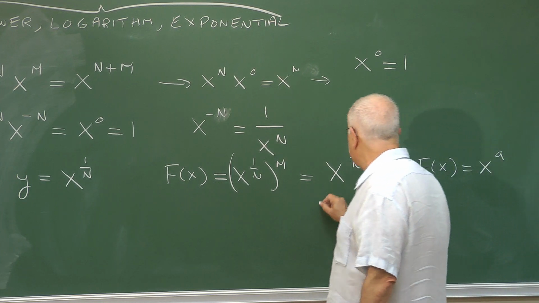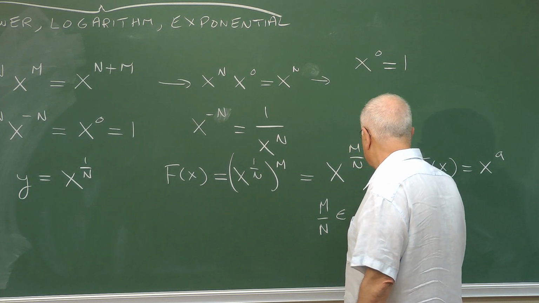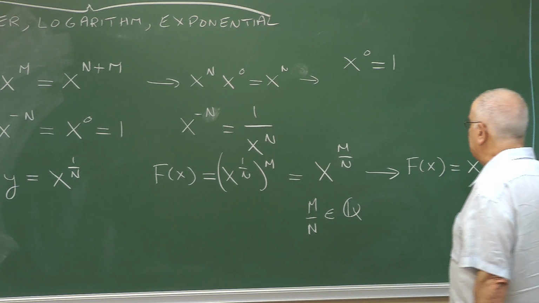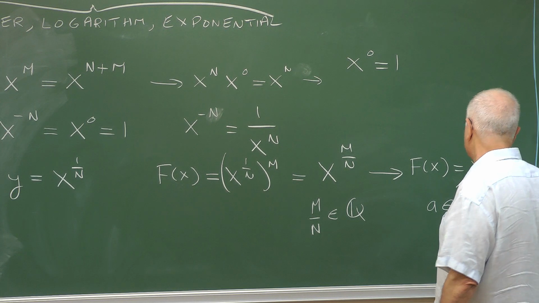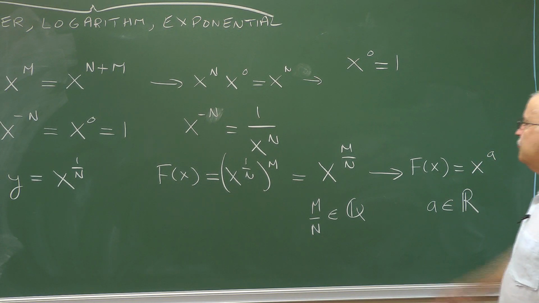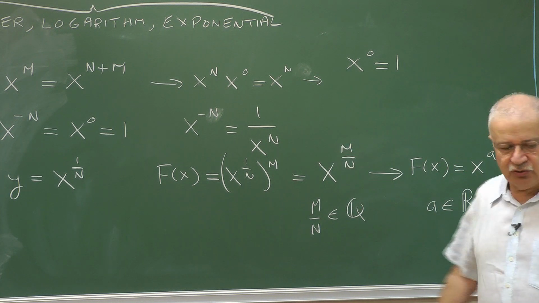Here, m over n is a rational number, which I'll denote by the set Q, while a is a real number. Positives and negatives are both included.